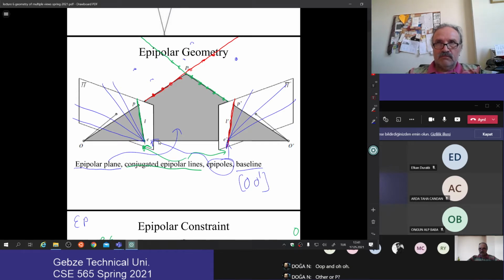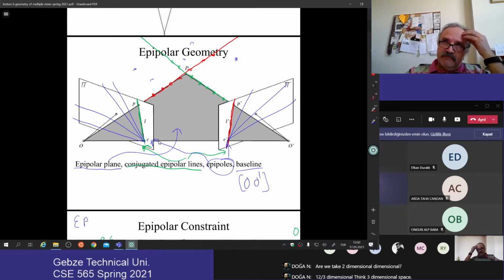So in this case, are we thinking that by multiplying it with a scalar, we take the two-dimensional OP thing to a three-dimensional space? Well, by multiplying.